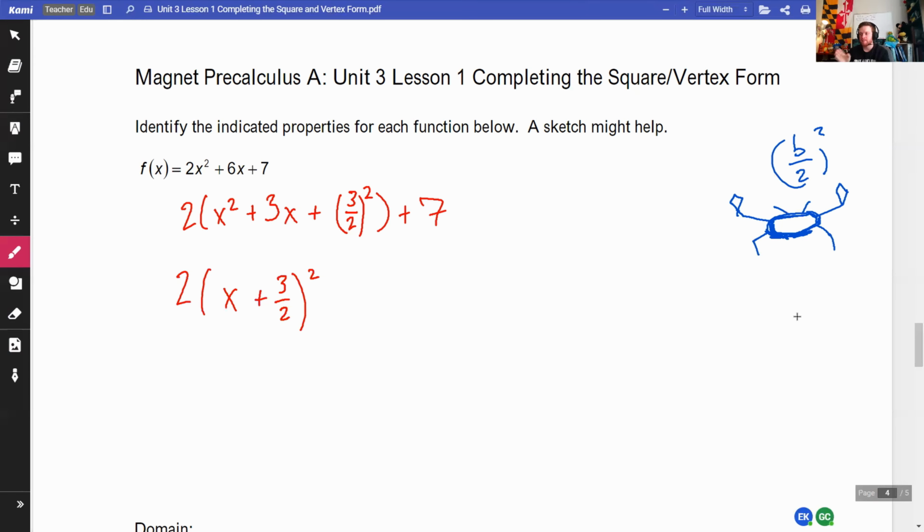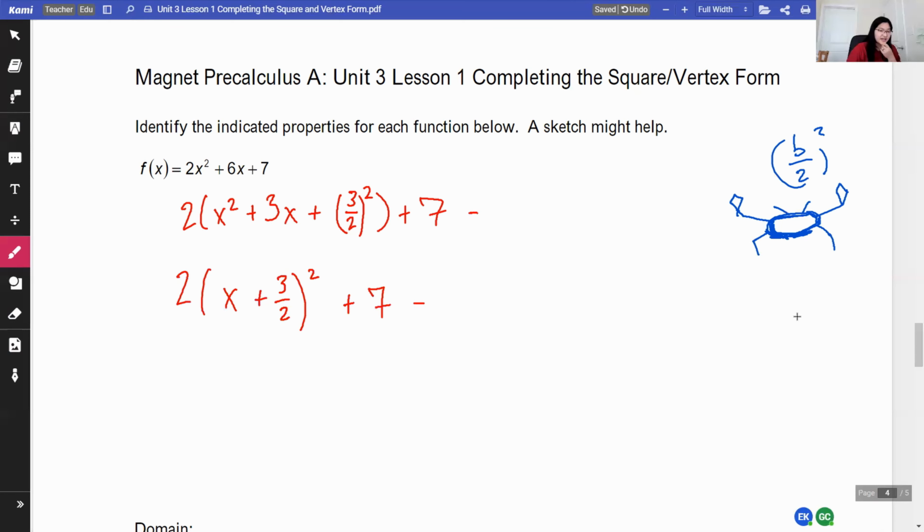When we have x squared plus 3x plus 9/4, you don't have to think about how to factor that, because it's always going to be x plus that b value, squared. But we just kind of broke math a little bit, because we put in something and didn't take it away. So what do we need to take away so that we're actually adding 0? 3 halves squared, so 9/4.